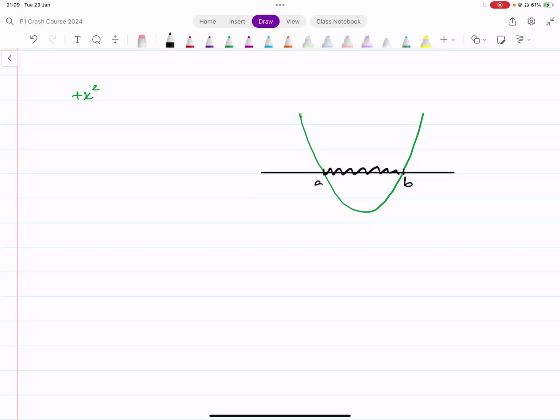And whenever there is a greater than sign, we're going to choose the regions on the sides. So less than would always be in the middle, and greater than sign would always give us the regions on the sides. So that is a way to basically do it without drawing the graph sometimes as well.